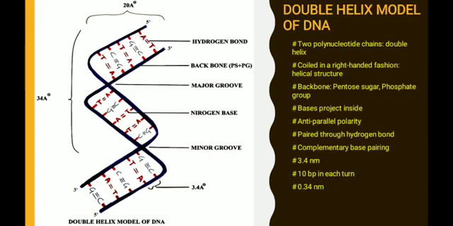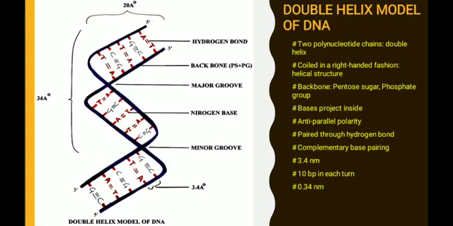So 0.34 nanometer into 10 becomes 3.4 nanometer. If you measure it in Angstrom, that is the smallest unit to measure the length. The distance between the adjacent base pairs is 3.4 Angstrom into 10, that becomes 34 Angstrom. 34 Angstrom means 3.4 nanometer.